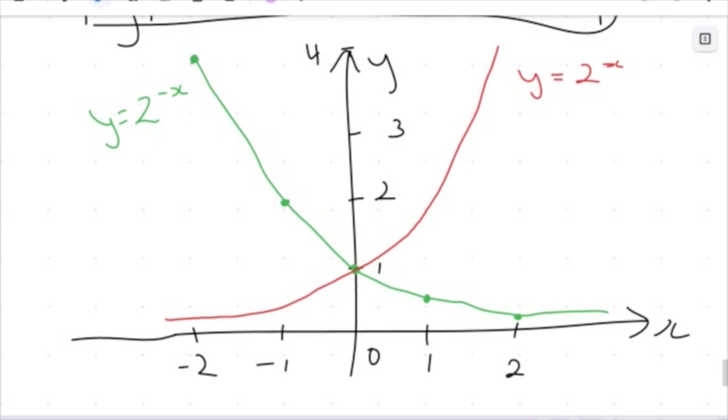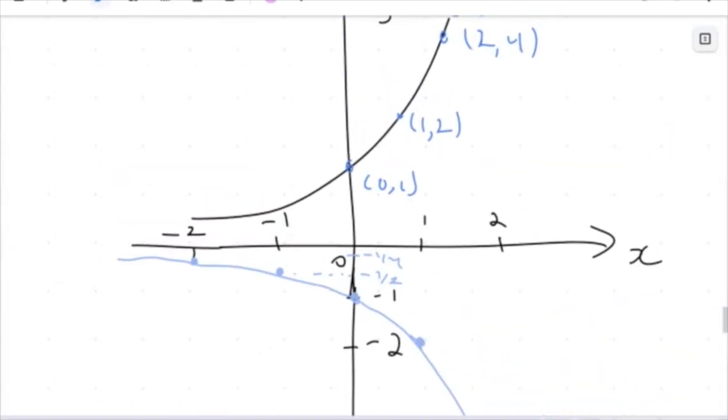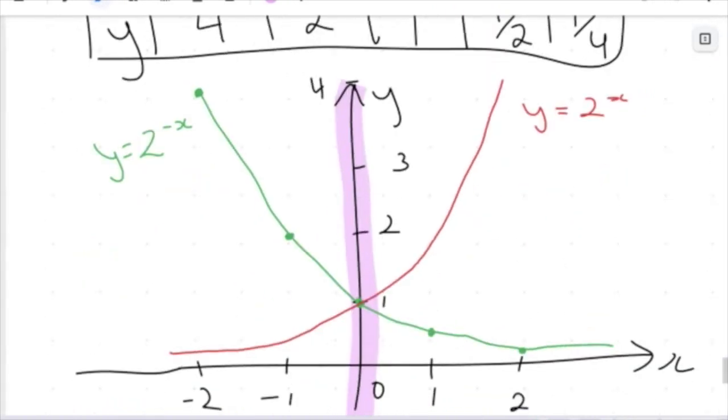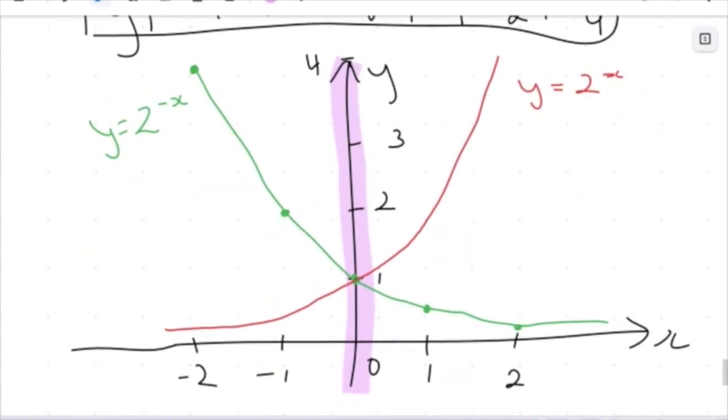But here, this is a horizontal reflection. We're reflecting along this line here. In the previous example, we reflected along the x-axis. Here, we are reflecting along the y-axis.